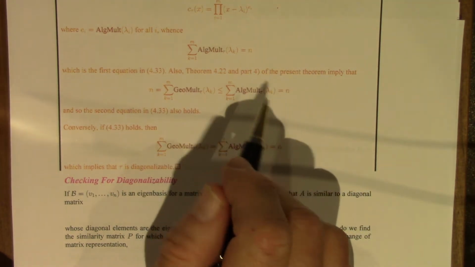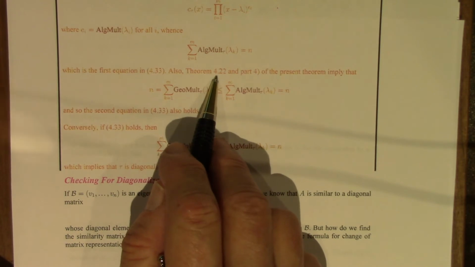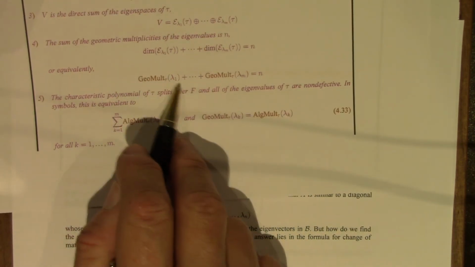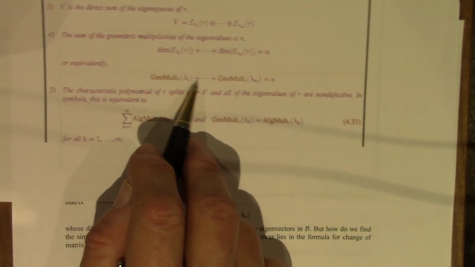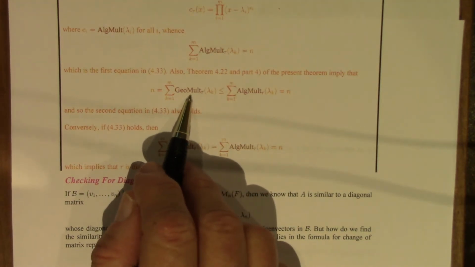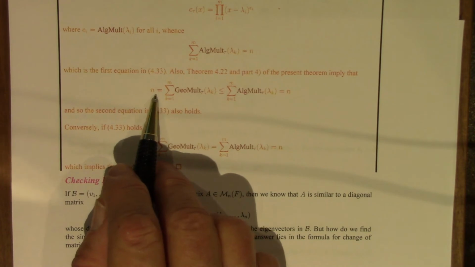Also, an earlier theorem, 4.22, and part 4 of this particular theorem tell us that the sum of the geometric multiplicities is equal to n.